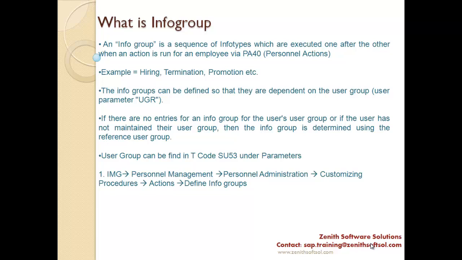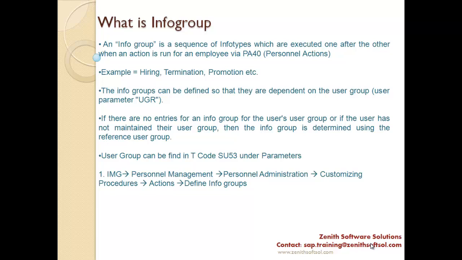So before we create any action, we have to create info group, because info group contains that sequence of info types which has to come one after the other. Why do we need info group? Think of an example. When you hire an employee into the company, you want that employee to be set up in the system, and then you will enter his relevant information like the date of hiring, what his personal details are, what the address information is, what the employee's bank details are, and all this stuff.